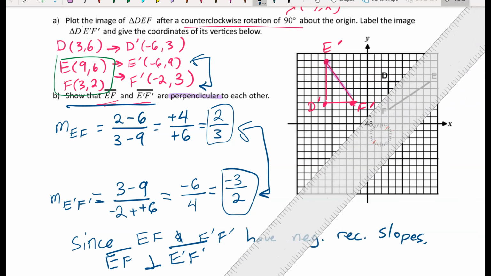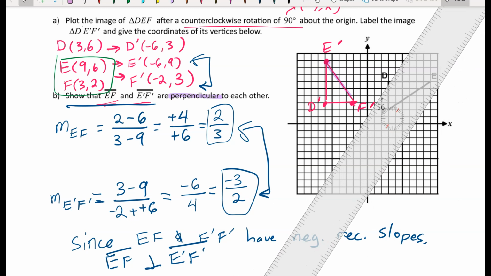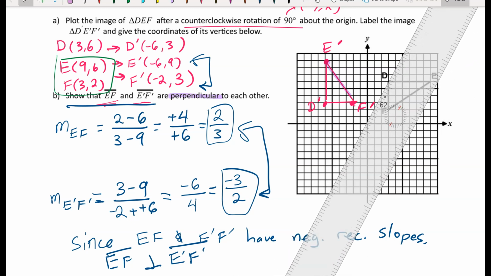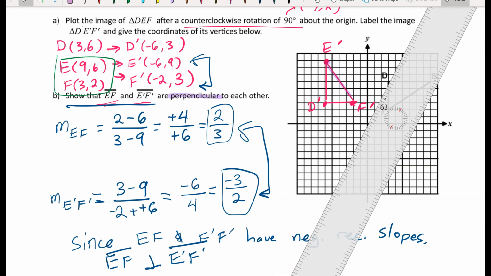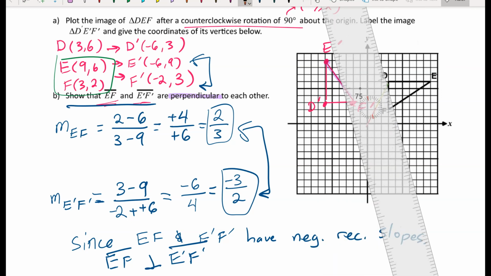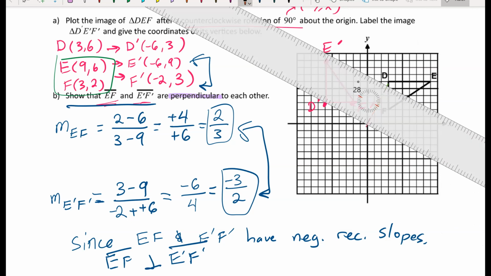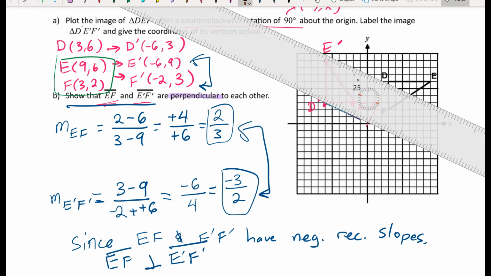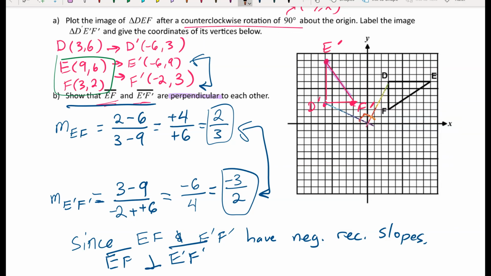And again, you could always double check just by connecting one of your points. So I'm going to connect D to my origin where I rotated around. I'll use a fun color here. To D prime and my origin as well. And you should notice, oh hot dog, it's another right angle. So that could be another way for you to check yourself.